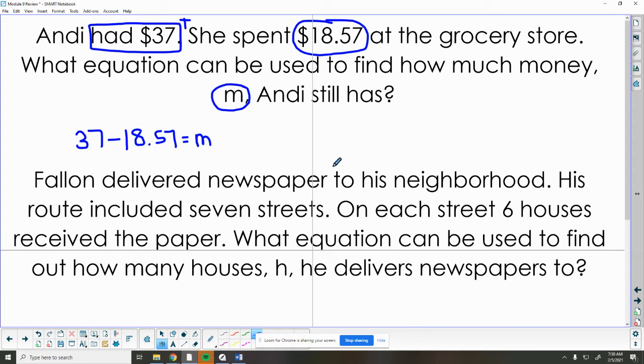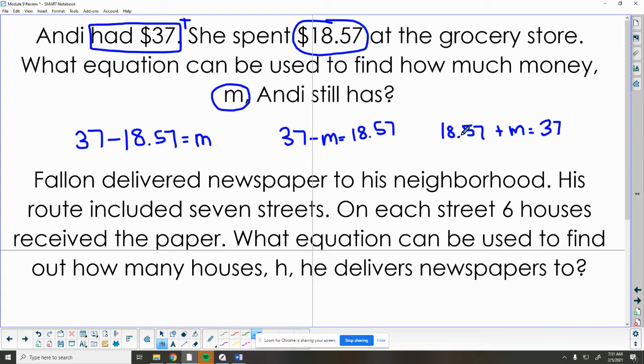So I want to see if you can write that equation in a different way and still come up with the same answer. So we could say she has $37 and we're going to take away M, and that will leave us with the amount that she spent. We could also take the money she spent and add on the money that she has, and that will tell us how much money she had total to start with.